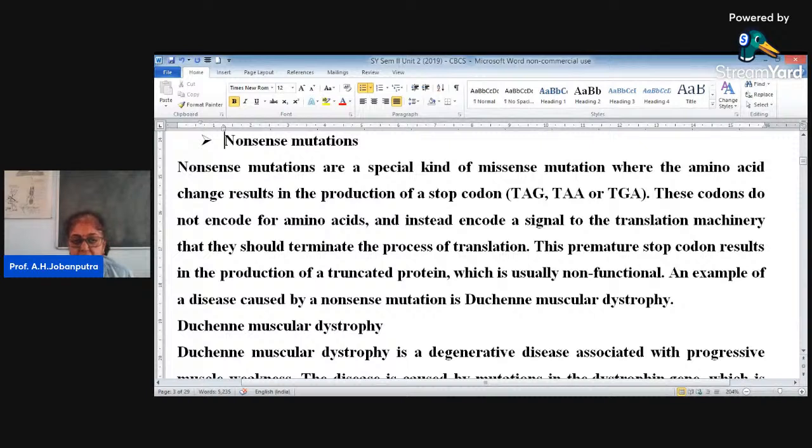So TAG if it is a codon, and if T is replaced by U, then it will become UAG. टीच्या जागेवर सबस्टिट्यूशन यू झालं तर UAG, UGA, UAA.